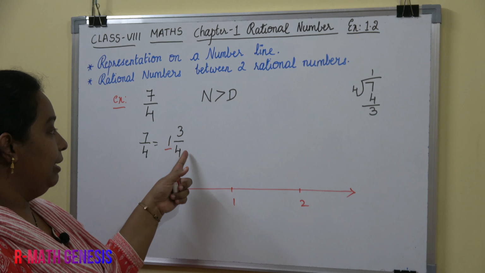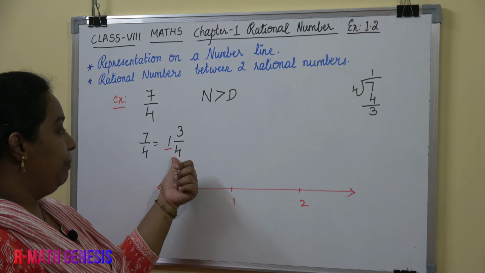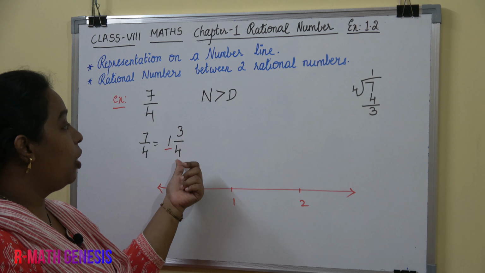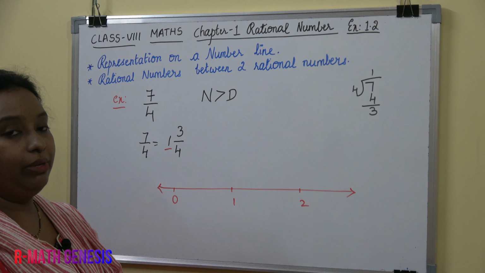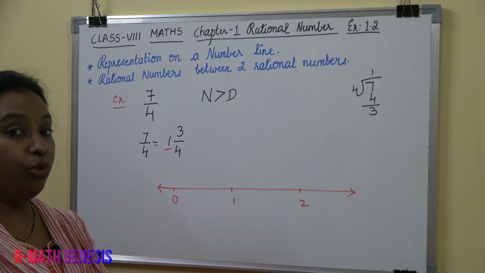Now next is 3 by 4. For 3 by 4 we have to see the denominator, which means how many equal parts we have to divide into. We have to divide into 4 equal parts. So we divide each one into 4 equal parts.